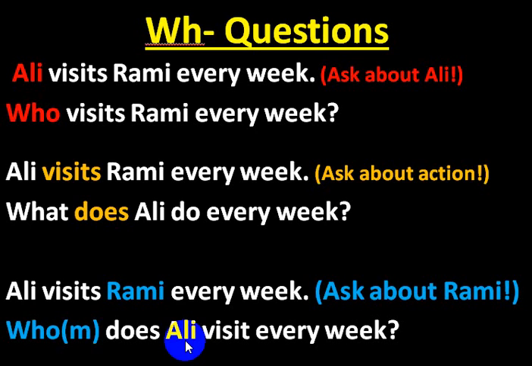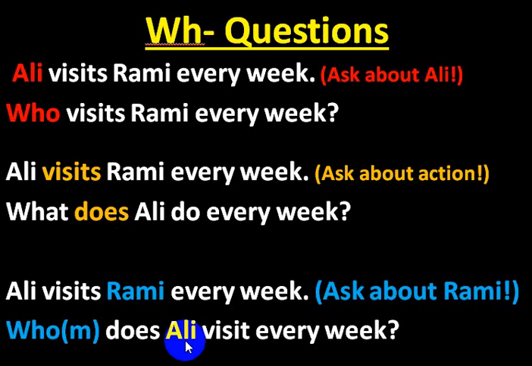Now look at the second sentence. Ali visits Rami every week. Ask about action. Here by action I mean the verb. So I want to ask about the things that Ali does.